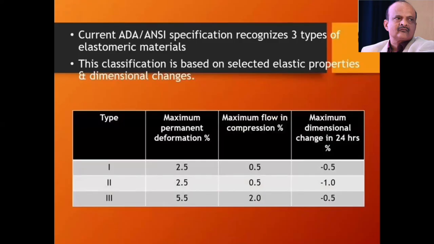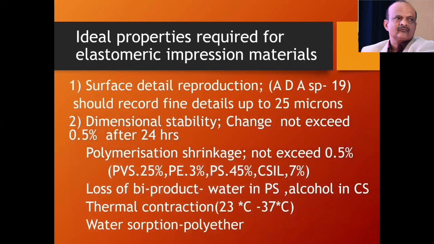Elastomeric impressions can also be classified as type 1, type 2, type 3 by ADA specification, and this classification is based on selected elastic properties and dimensional changes. Ideal properties required for elastomeric impression material: the surface detail reproduction, which is a very essential property.